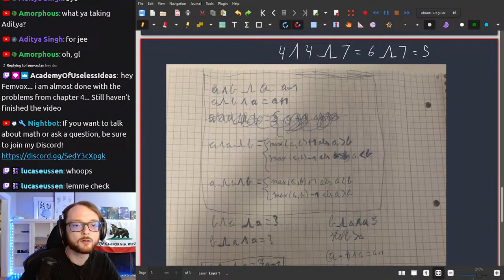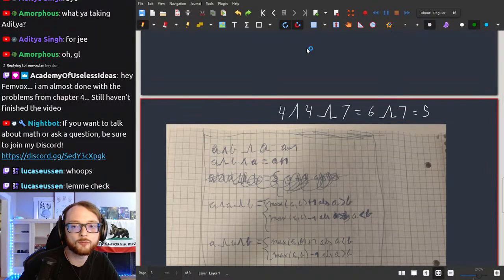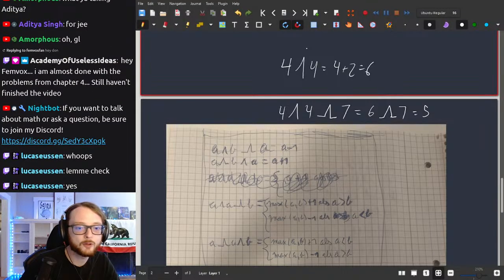I forget, because I know this is what you were initially doing, but if you have the same number, is 4 wedge 4 still 4 plus 2? Yes? Okay.